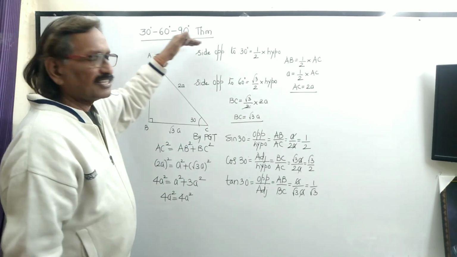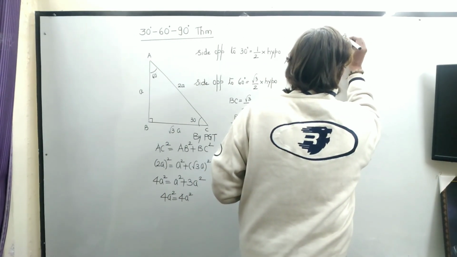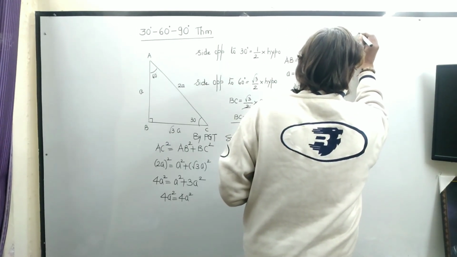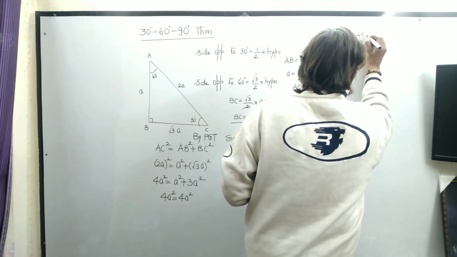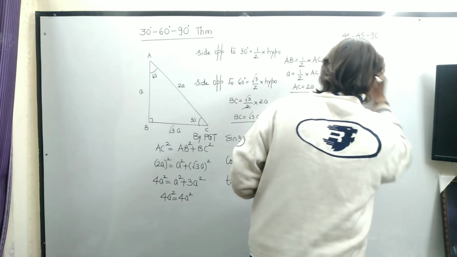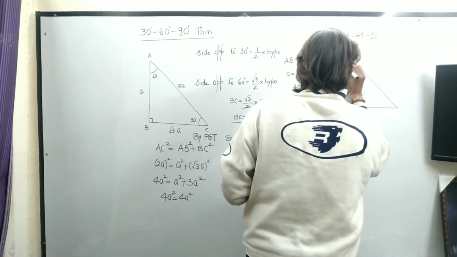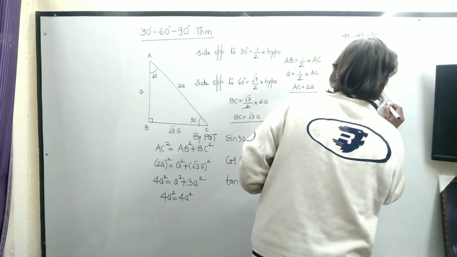Instead of 30, 60, 90, I take one more theorem, 45, 45, 90. Now instead of these two angles, 30 and 60, I am going to consider 45 and 45 here.